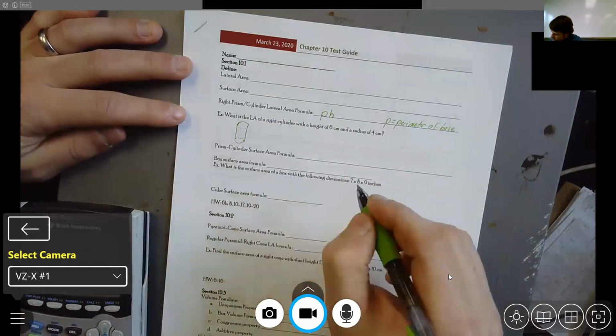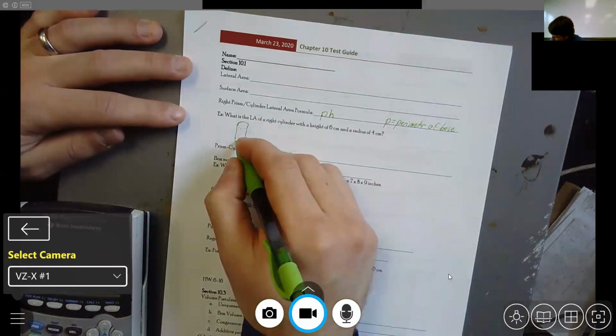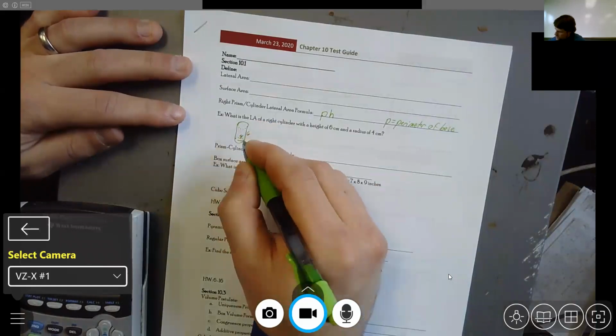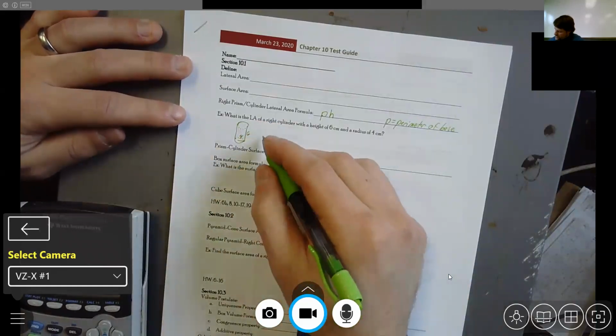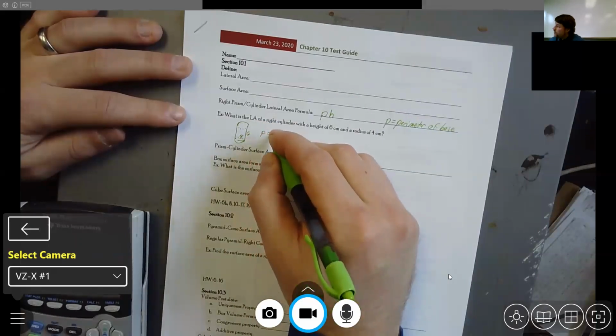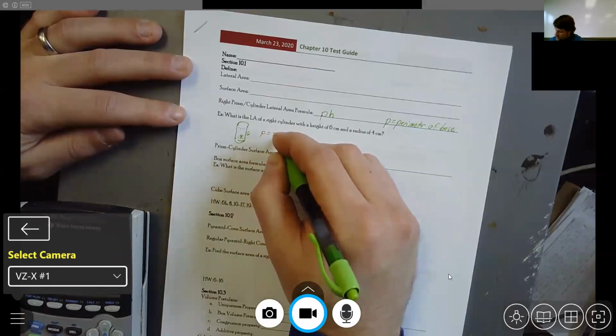So in a cylinder with a radius of 4 and a height of 6, the perimeter of the base is equal to 2 times the radius times pi, or pi times 2r.